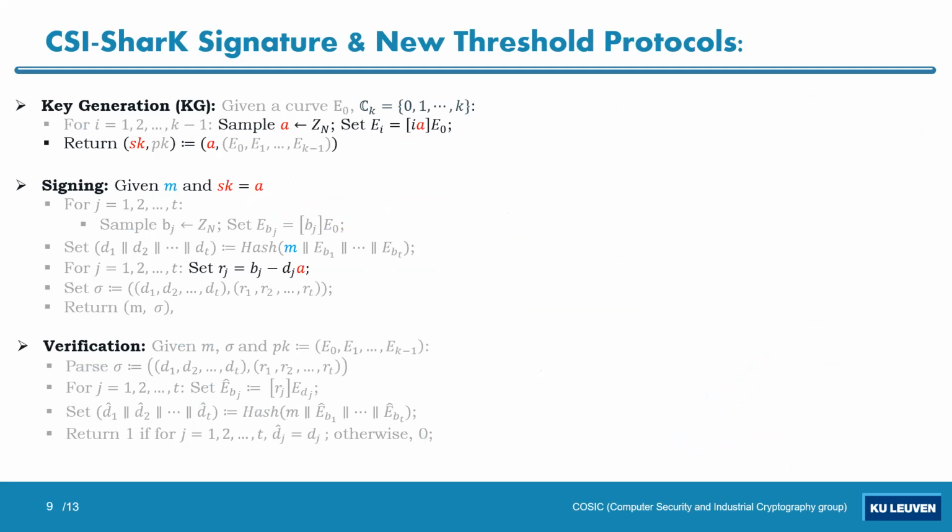So yeah, almost the same signature as CSI-FiSh, but instead of having different A's, we have just one, using an exceptional set. An exceptional set is one where, two by two, the differences of these elements are invertible modulo the n that you work in the system. So the verification is the same, just signing is different: instead of opening A indexed by DJ, you have DJ times A.